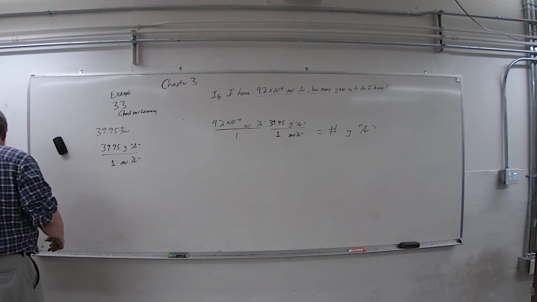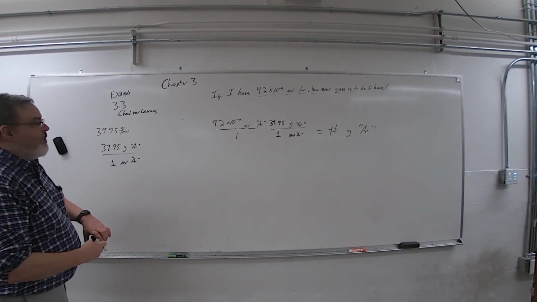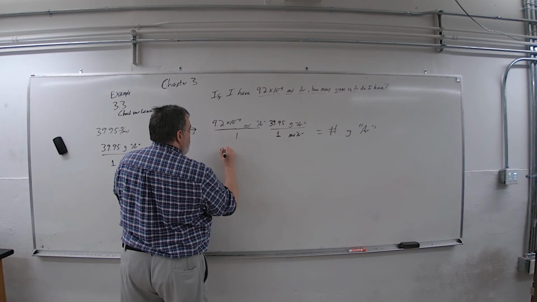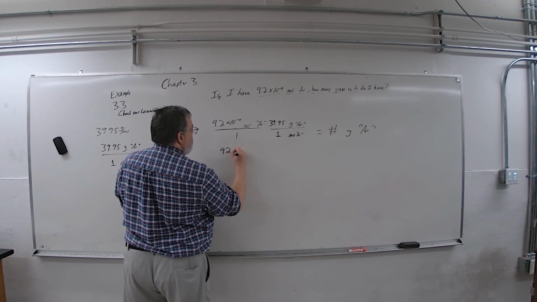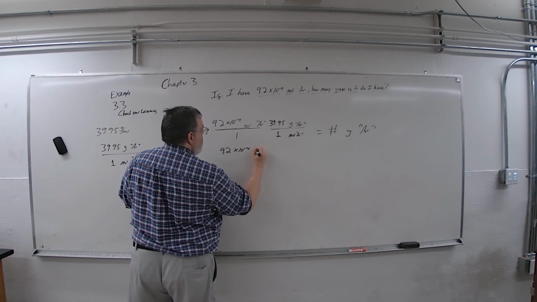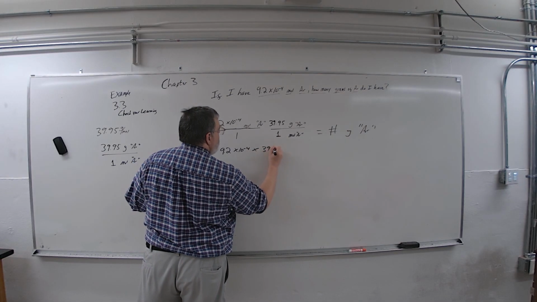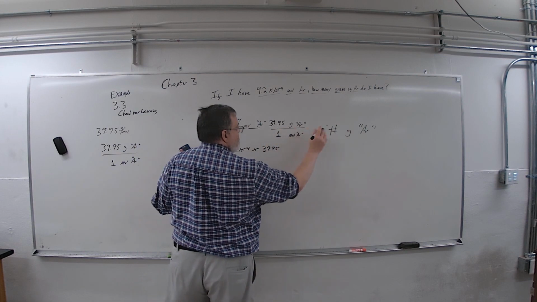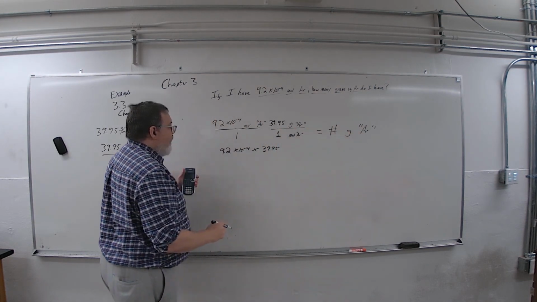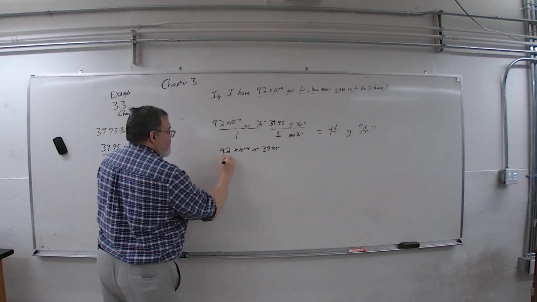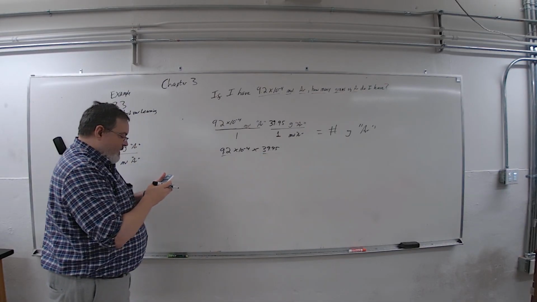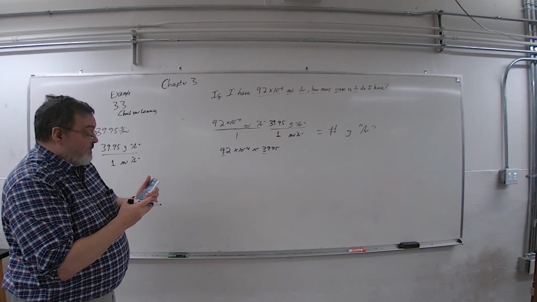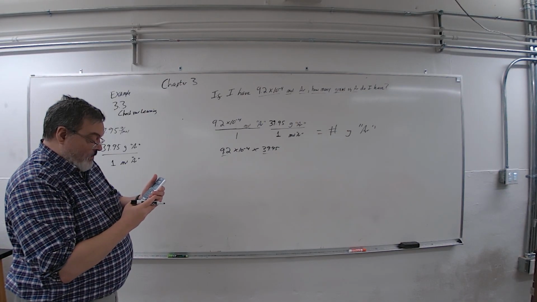I bet this calculator does the power of 10. But the way I would do this is multiply. If I'm just doing these values times, that's essentially what I'm doing. The moles cancel, the grams of argon ends up over here. I would just multiply this by this and see what I get. 9.2 times 39.95.